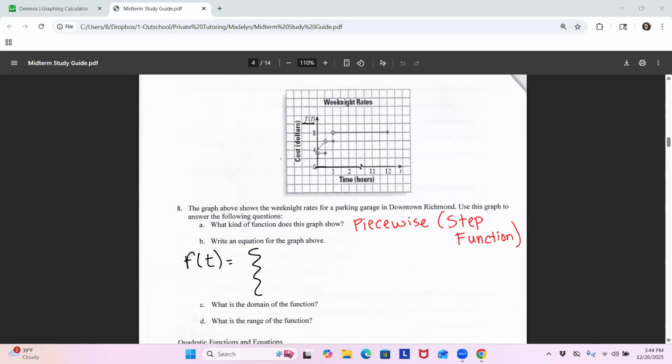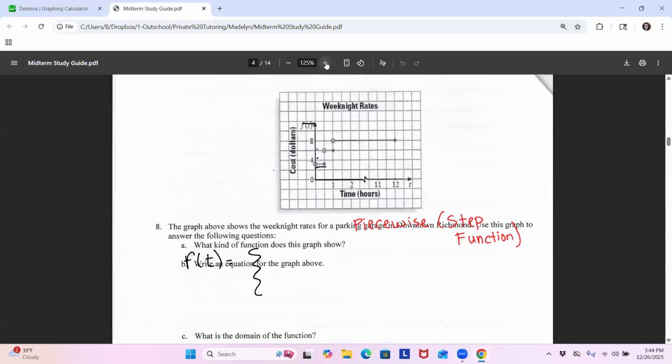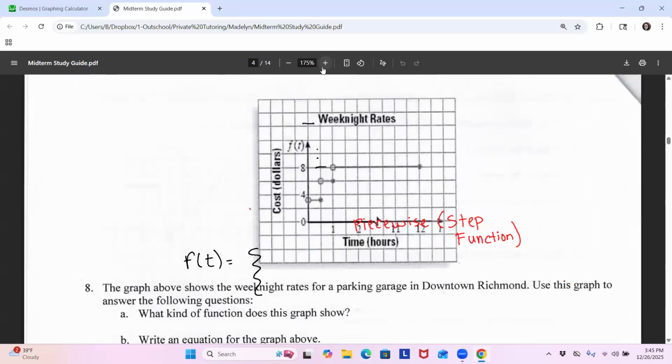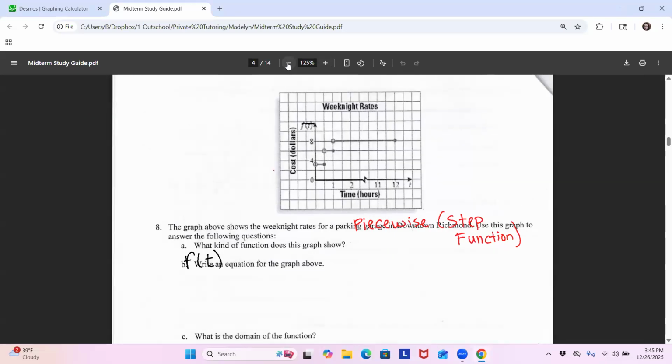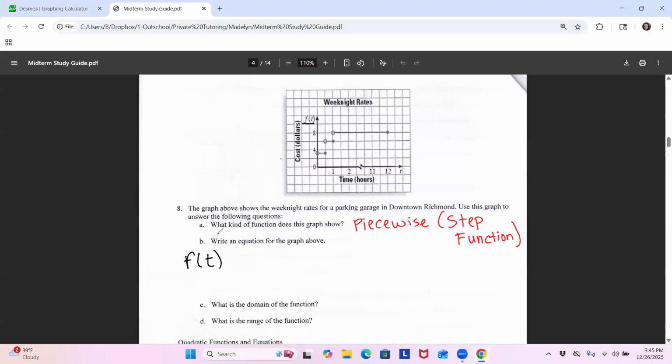Because that's 2, that's 4, or would it just be 3? It's hard to tell. Let me zoom in a little bit. See, I don't think it's right in the middle. I'm going to go 3.50. If that's wrong, sorry. Oh, let me go back. Okay.